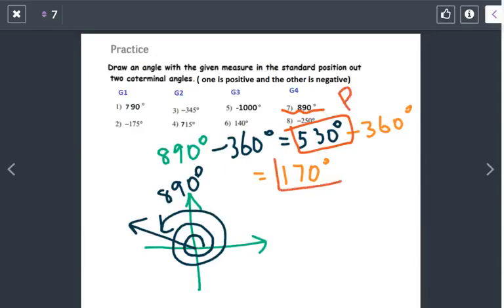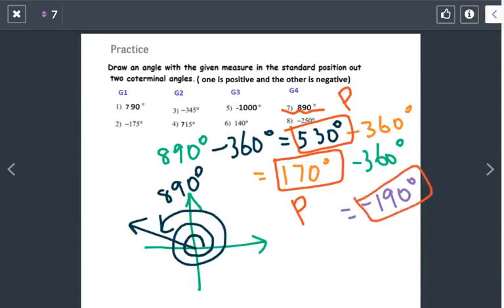Or you can use 170, that's also a positive coterminal angle. If you want to get the negative coterminal angle, you need to subtract 360 again. You will get negative 190 degree. So this is your negative coterminal angle.